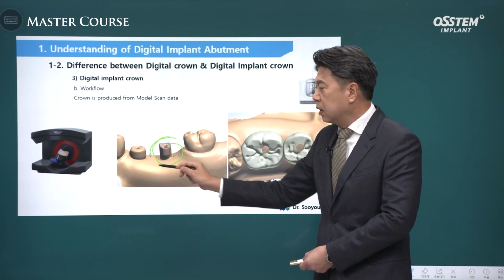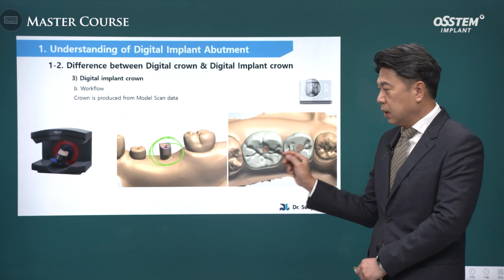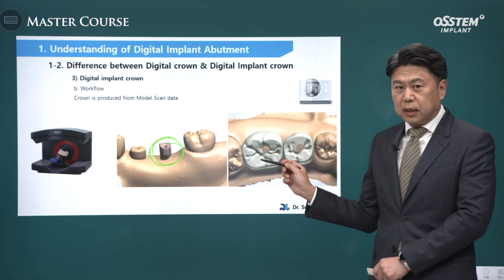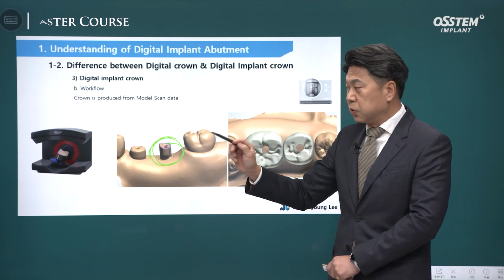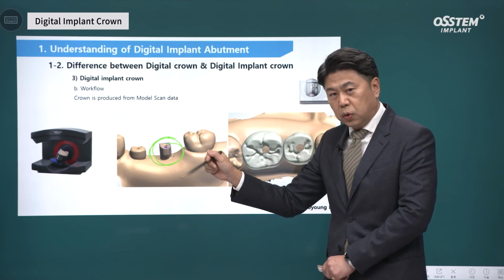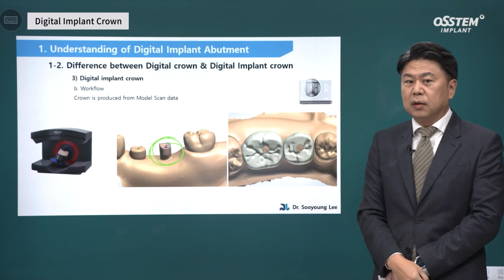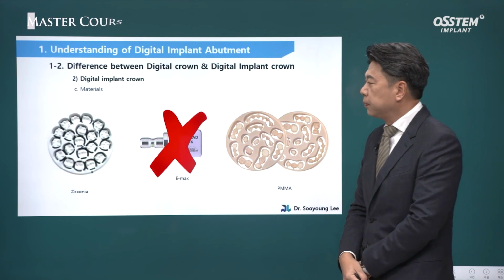Custom abutments are fabricated using a medium called scan body, to fabricate custom abutments and crowns at the same time. And you don't have an intraoral scanner. A scan body is connected and a rubber impression is taken and sent to a lab where the process is performed using a model scanner.